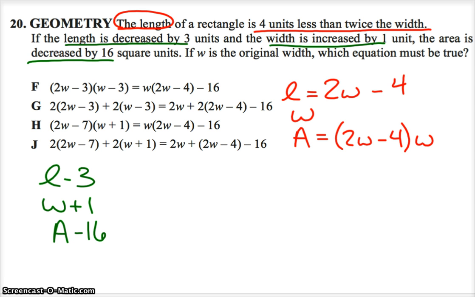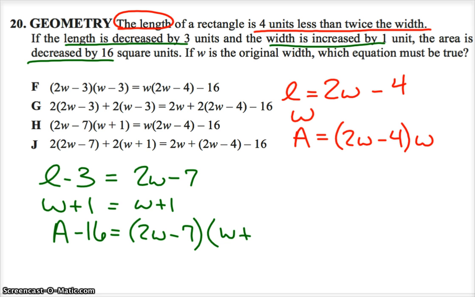So our new length is now 2W, but instead of minus 4, we're now subtracting 7, because negative 4 minus 3 would be negative 7. The width now is just W plus 1, and our area is 16 less. So our new area, which is 16 less, is going to be our length, 2W minus 7, times our width, W plus 1.